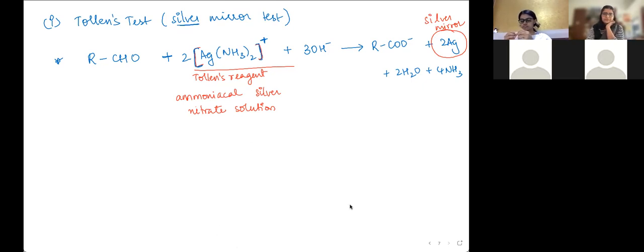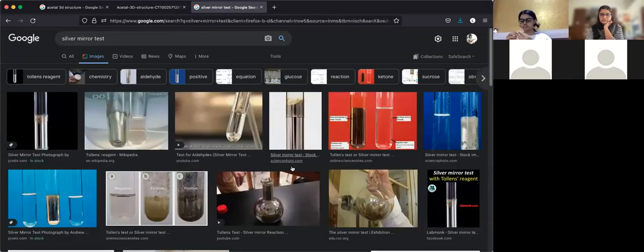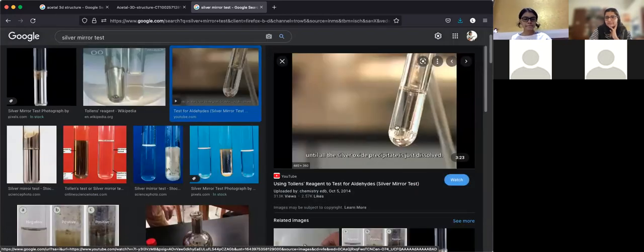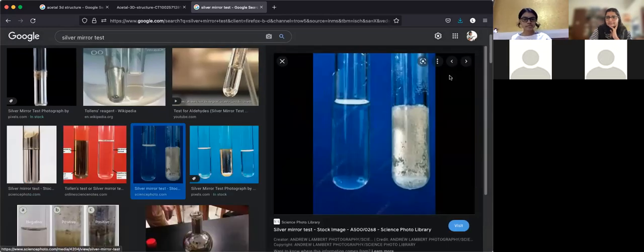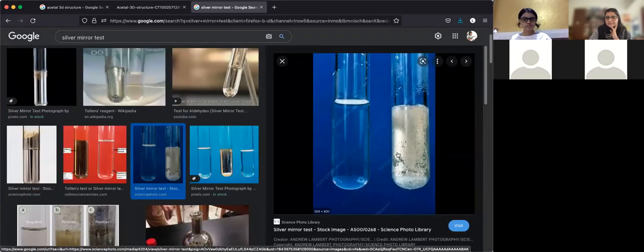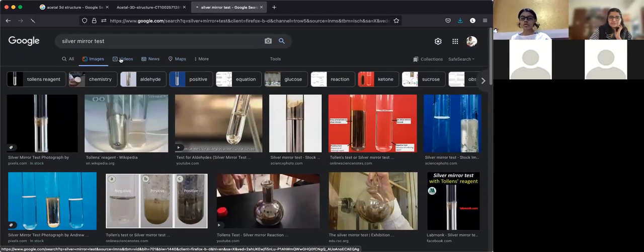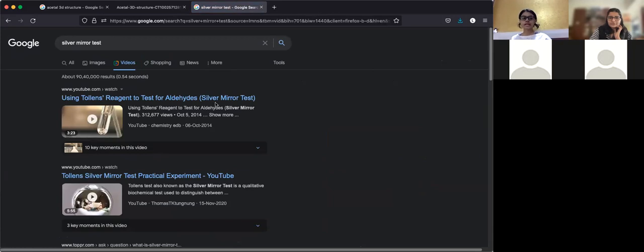All right, showing you guys this. This is what it looks like. The solution is transparent, but at the end of the reaction, it looks like you have a mirror there. So the Tollens test is only given by aldehydes, right?